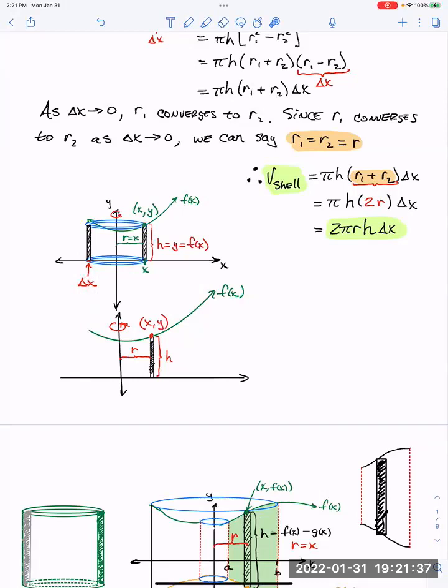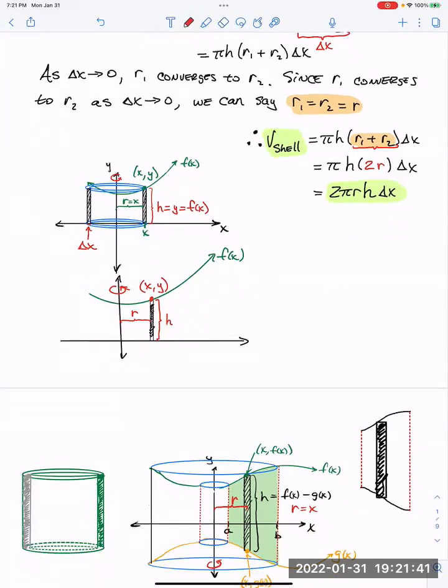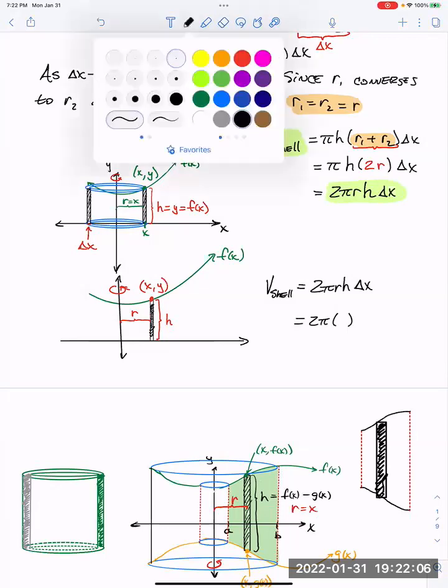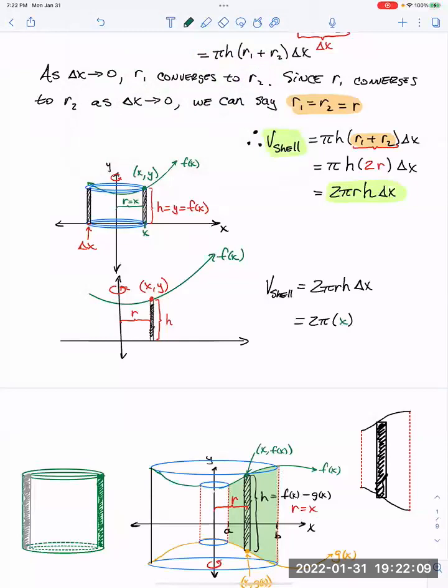And so now with that, we can say the volume of our arbitrary shell comes from our basic formula, which we derived. It's 2 pi r h delta x. But in this problem, it's 2 pi, and then what's our r value in this problem? What's r equal to? x. Very good.